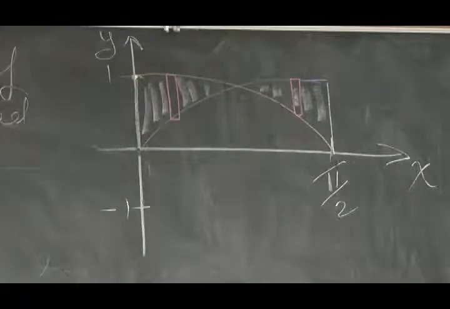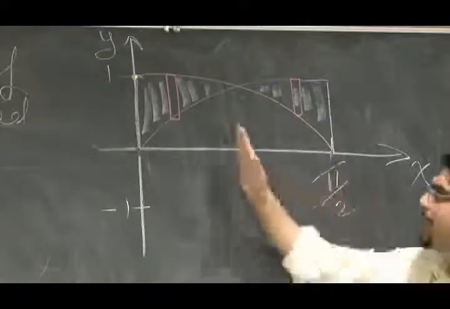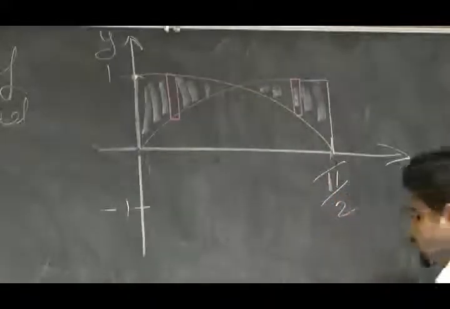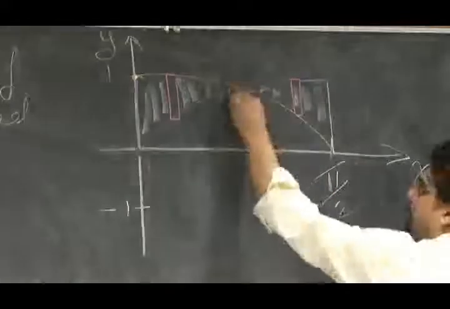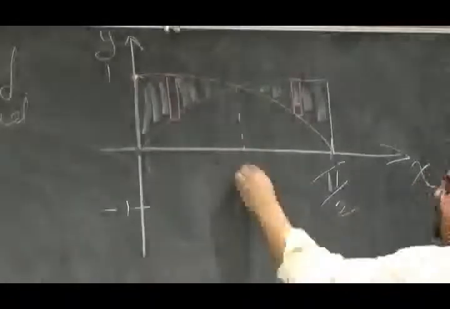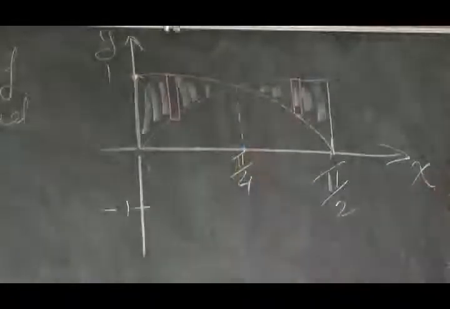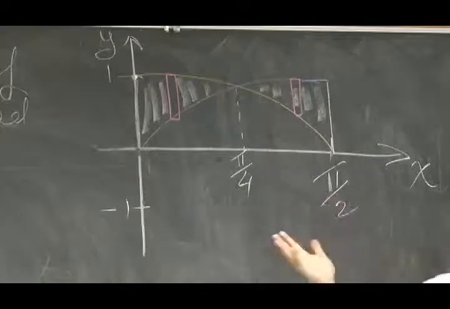If they switch places as far as which one is on top within the interval, then I have to cut up the interval and take 2 intervals. So then the question is, what is this point? In this case, it's pretty easy. In the first quadrant, the sine and cosine only meet at pi over 4.